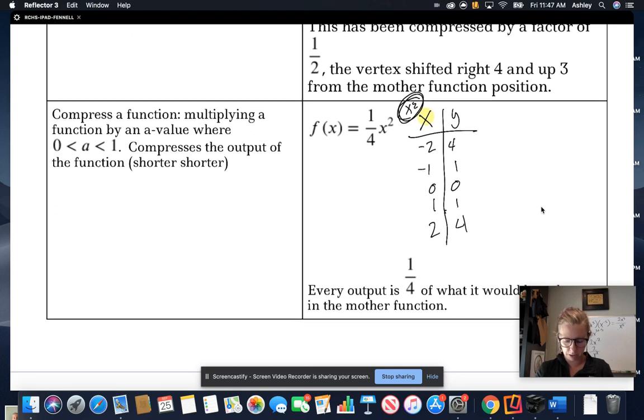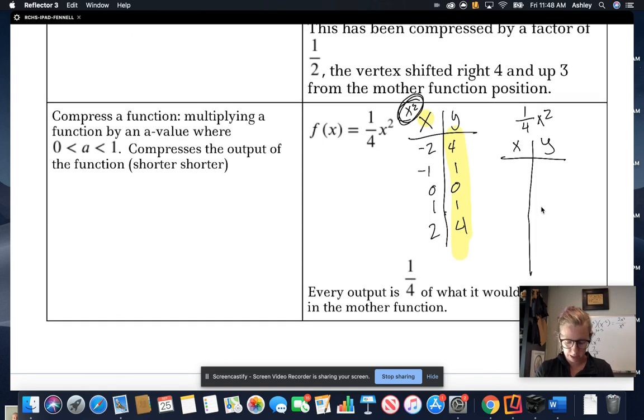Now I want to look at the function 1/4 x squared, and I create my xy chart. Each of these outputs is going to get multiplied by 1/4, right? So we've done all the squared business. Order of operations says I do that first. So now all I have to do is take all of those mother function values and multiply by 1/4.